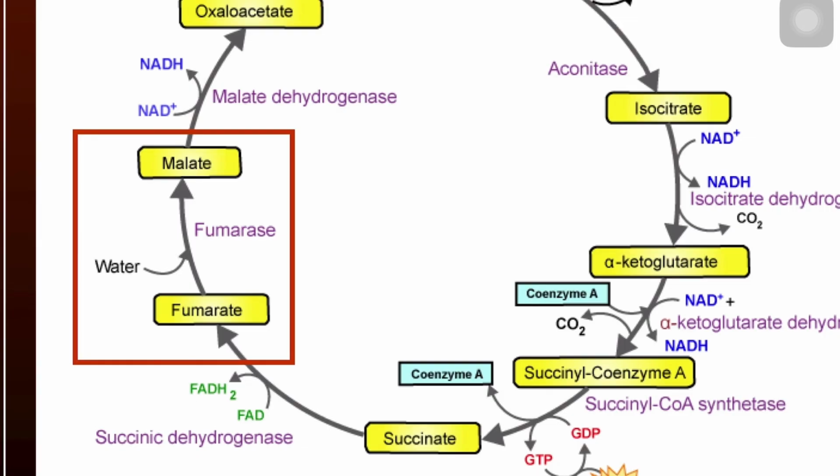The water adds a hydroxyl group to the molecule, and it also prepares it for the final oxidation step of the Krebs cycle. Again, the fumarate turns into malate because of the addition of a water molecule, which happens because of the enzyme fumarase.